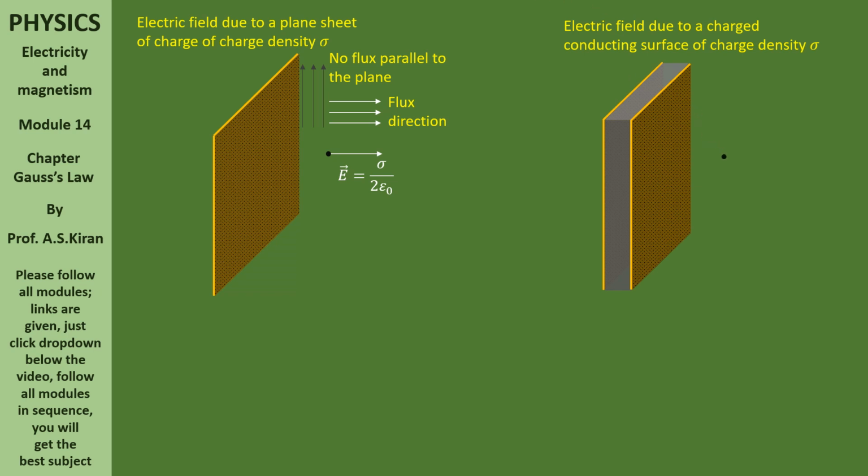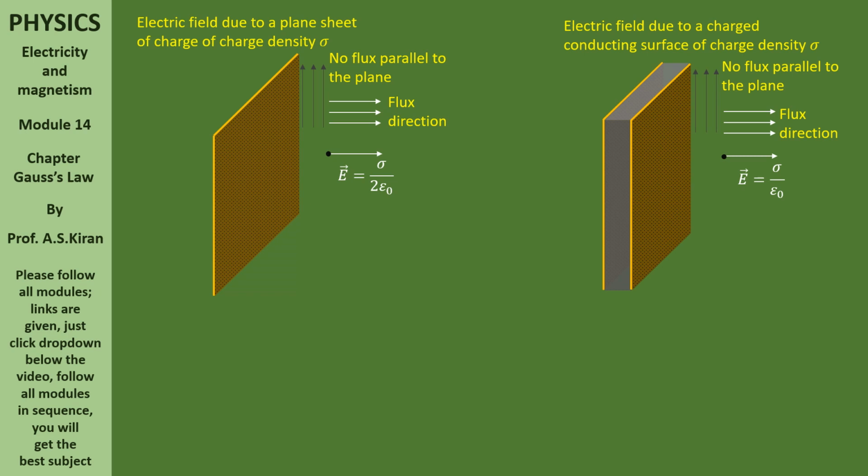With respect to a charged conducting surface of charge density sigma, adjacent to that, let us consider a point. At that point, how much is the electric field? The electric field E bar is equal to sigma by epsilon naught. So in the first case, with respect to a plane sheet, adjacent to the sheet, the electric field is sigma by 2 epsilon naught.